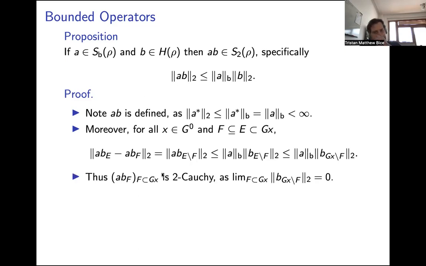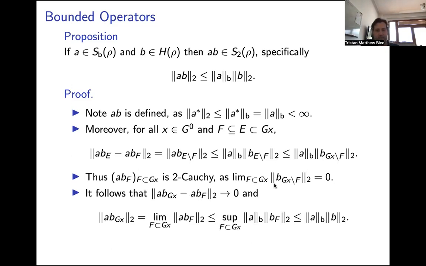We can replace this with some fixed constant because we know that A has finite B norm. We know that B star B is defined because B is within H of rho; this was the definition of H of rho. So this approaches 0 as the F's get larger and larger, and in the end this is a 2 Cauchy net.